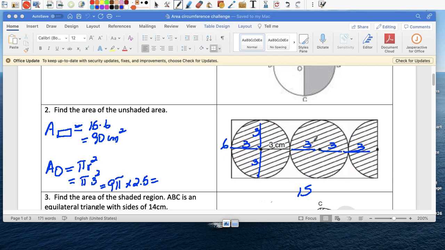So 9 times 2.5 is going to give us 22.5, and then I'm going to multiply that by pi, and it's going to give us 70.69 centimeters squared, rounded. That's the area of the 2 and a half circles. So to find the unshaded part would be the area of this rectangle, 90 minus 70.69. That's going to give us 19.31 centimeters squared.